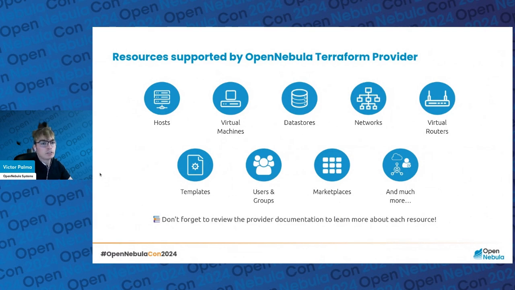Some of the key resources include hosts, that means physical or virtual machines that provide compute resources, data stores for storage systems, VMs and templates, virtual machines, users and groups, marketplaces that are repositories for application images and templates, networks for interconnecting virtual machines, virtual routers for routing traffic between networks, templates that are the blueprints for the VMs, and much more, such as ACLs, configurations, virtual data centers, or cluster provisioning.